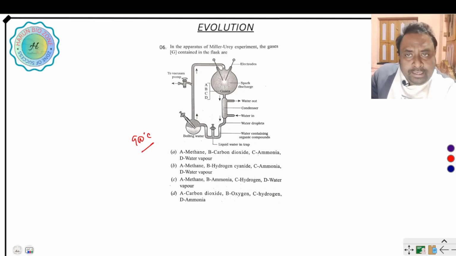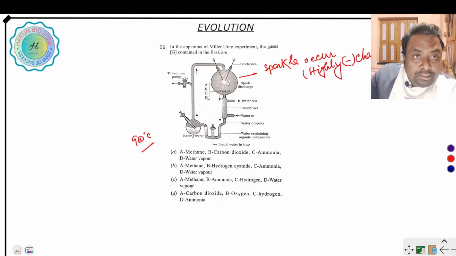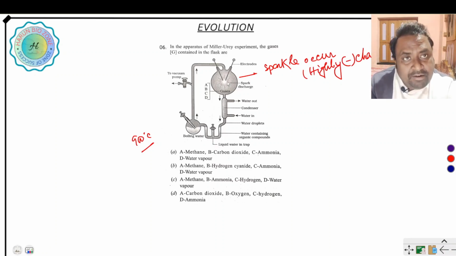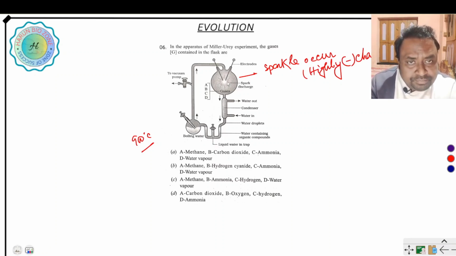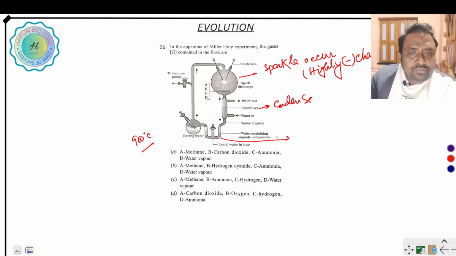Then a spark occurs, meaning a high electric discharge. When the gas or vapor is ionized, they condense again in the condenser. Condense means they bond again, and they are deposited in this portion.